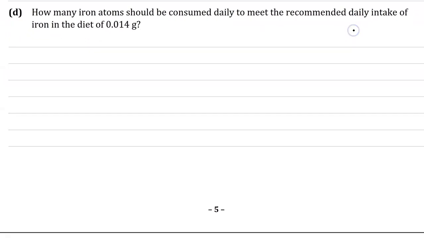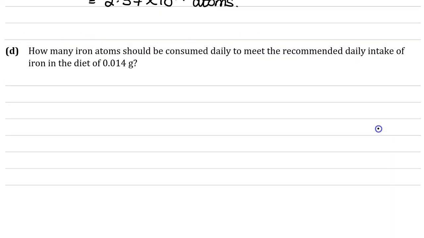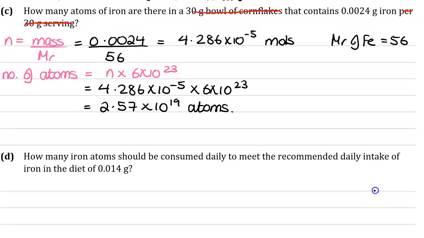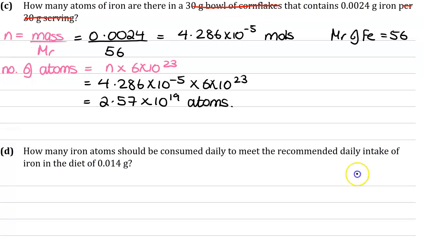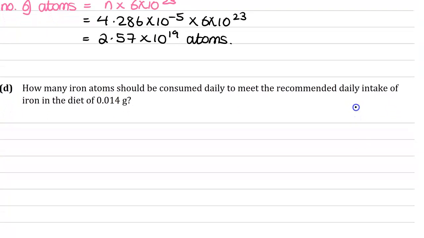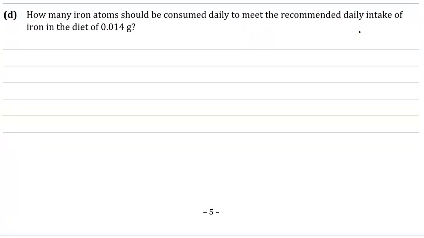Okay, then the last one that you had is the exact same type of question, except this time they didn't start mixing things up with bowls and serving sizes. They're saying here that the daily recommended serving is 0.014 grams. So obviously some more than the previous one. Okay, so let's have a look. Again, our formula is n equals mass over Mr. So like in all these questions, our first important thing is that we convert to moles.